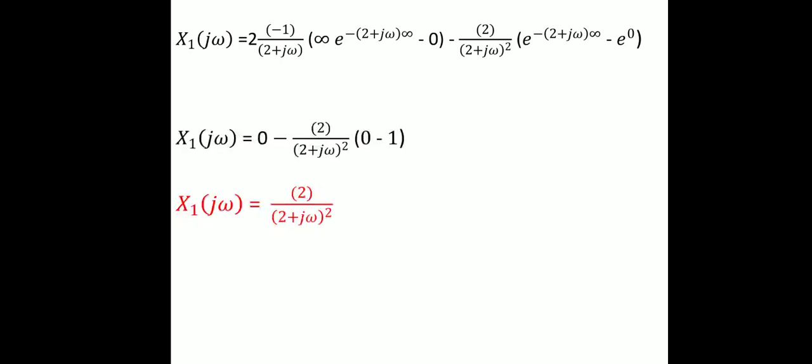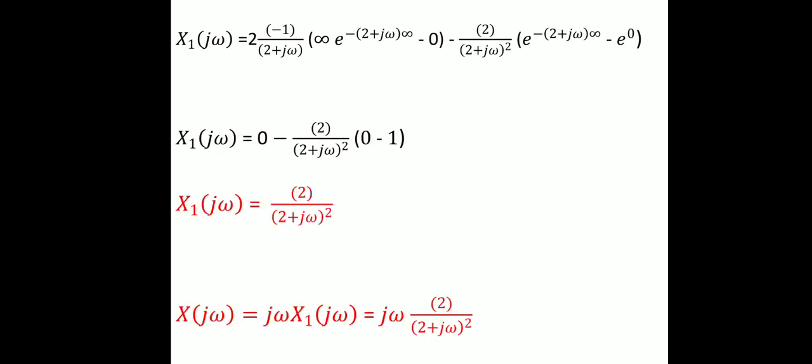Now we have to use this Fourier transform to determine the Fourier transform of x of t, which is d by dt of x1 of t. I have to use the time differentiation property here. We have written that relation earlier: x of t equals d by dt of x1 of t, whose Fourier transform can be written as x of j omega equals j omega times x1 of j omega.